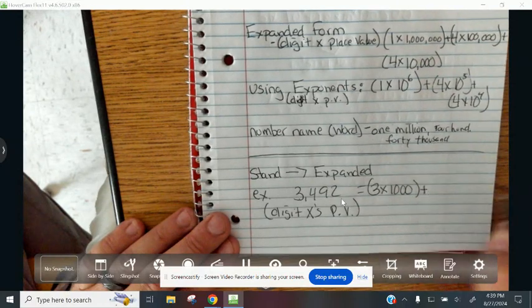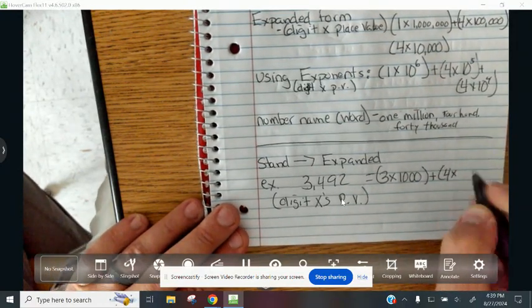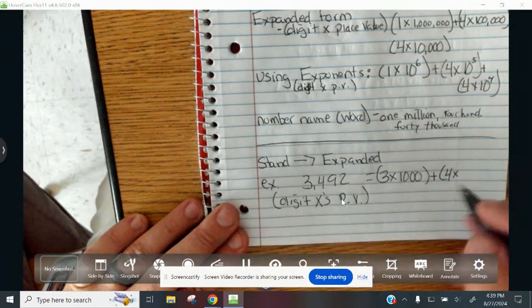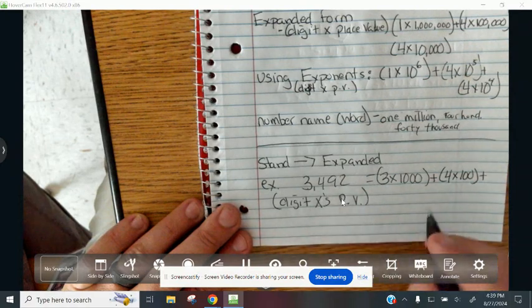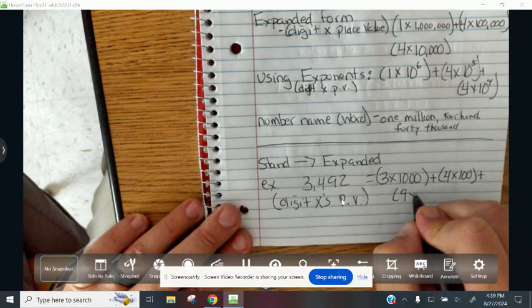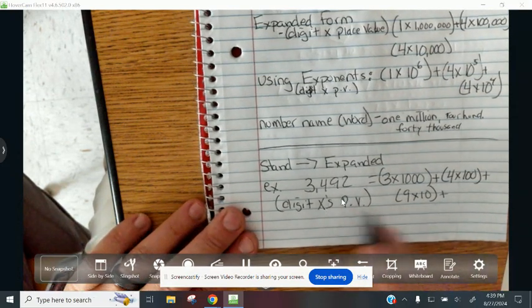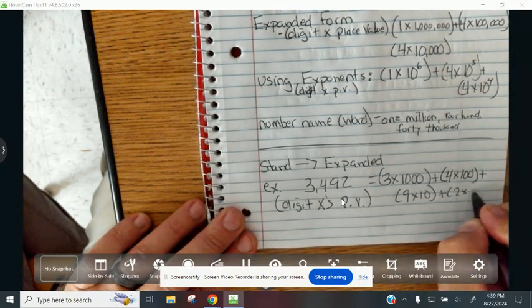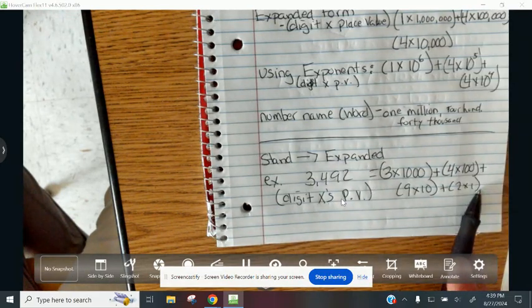Parentheses if you want. Plus, the next digit is 4, 4 times place value. It's in the hundreds. Plus, next digit, 9. You do this until all the digits are gone. Plus, the last one would be 2 times 1. And that's how you get from standard form to expanded form.